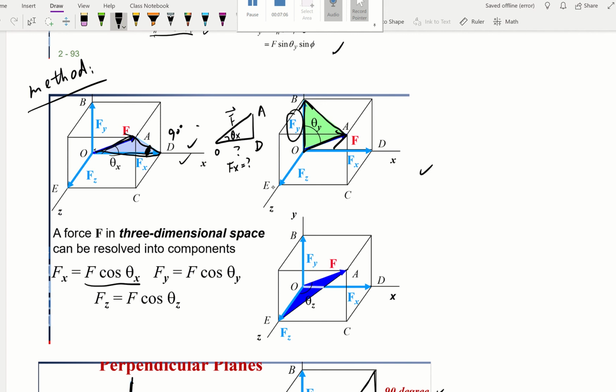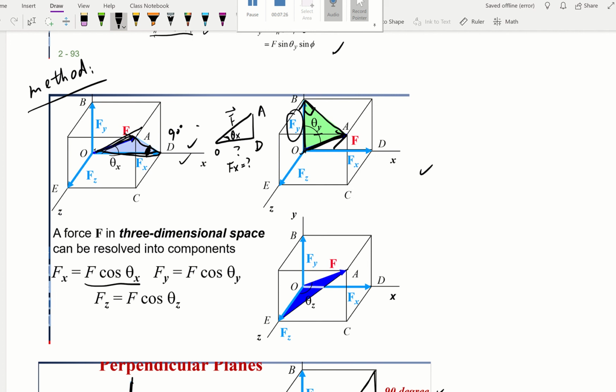And the angle theta y is the angle between the force and the y-axis, just like theta x is the angle between the force and the x-axis. So hopefully you now believe that this is going to be the right triangle.